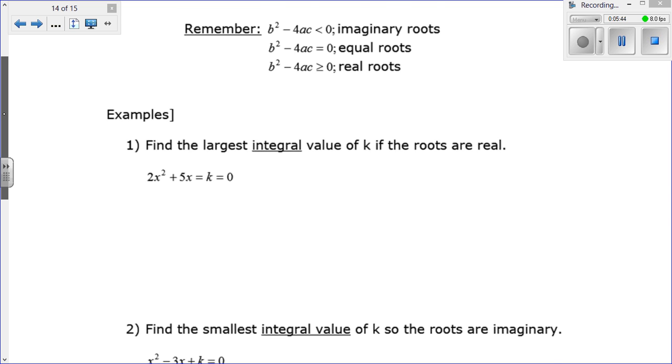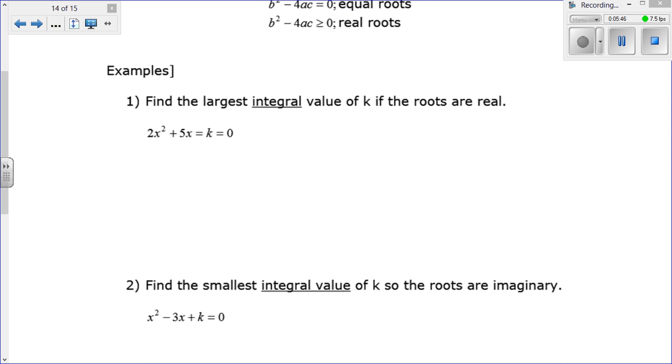So the examples that we're going to have would be, find the largest integral value of k if the roots are real. Well, integral means a positive or negative whole number or 0. Okay, so it's an integer, basically.